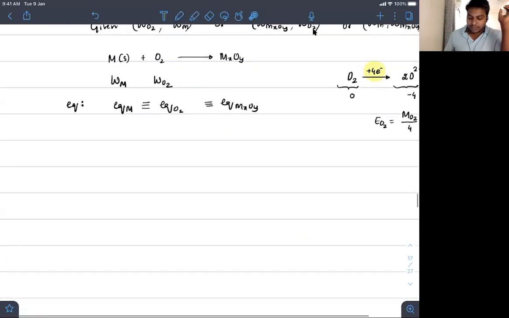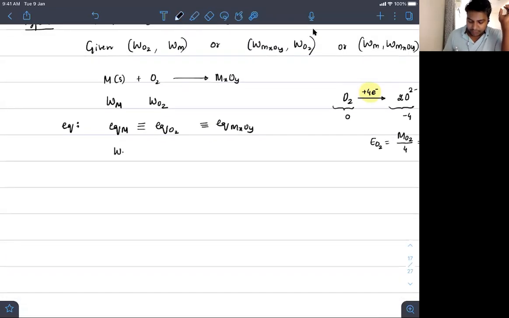So the number of equivalents of metal, I can write it as weight of metal divided by equivalent weight of metal, which is equal to weight of oxygen divided by equivalent weight of oxygen.